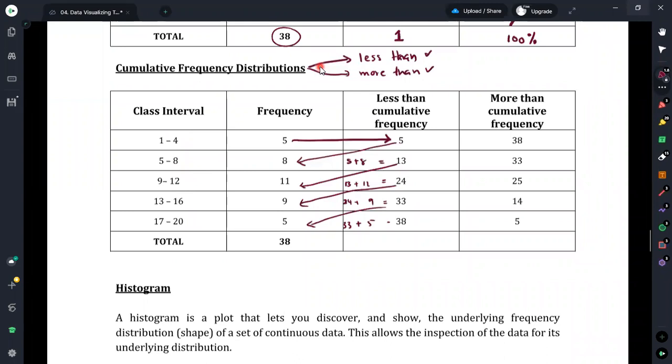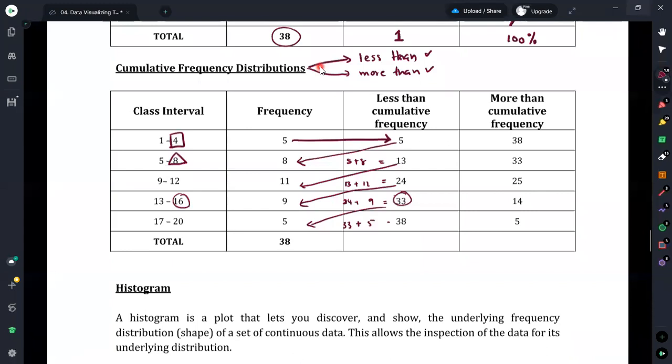Therefore, if you take this 5, we can say that there are 5 leaves which are less than or equal to 4 centimeters. Then, if you consider 13, there are 13 leaves which are less than or equal to 8 centimeters. If you consider 33, there are 33 leaves which are less than or equal to 16 centimeters.